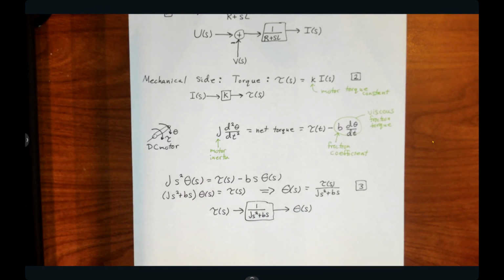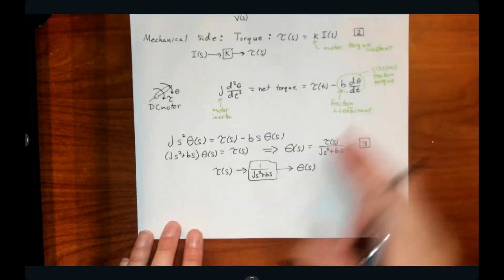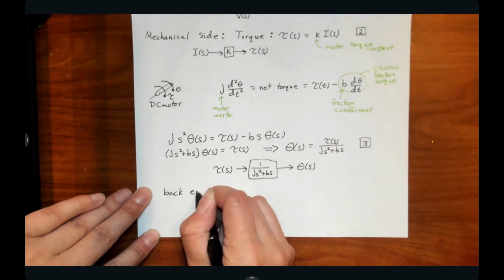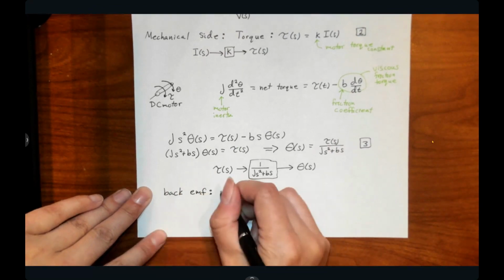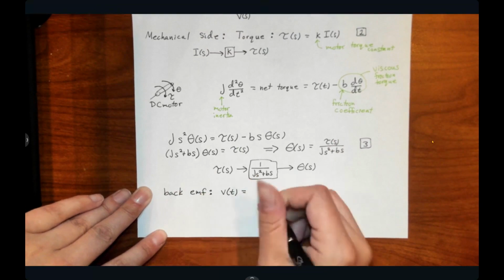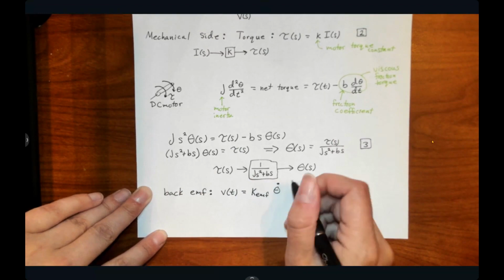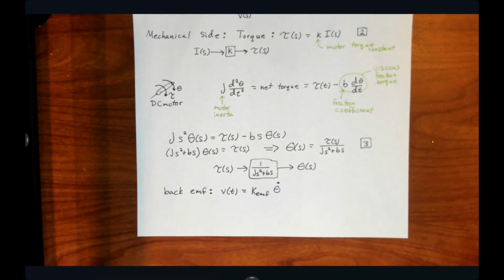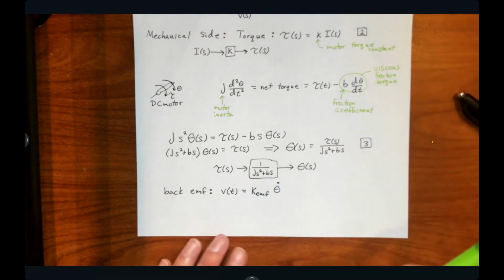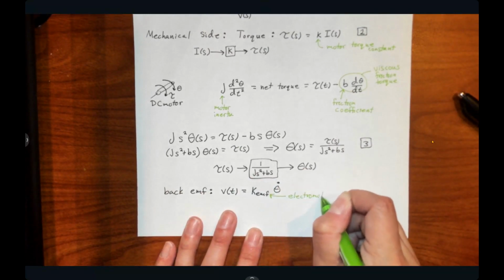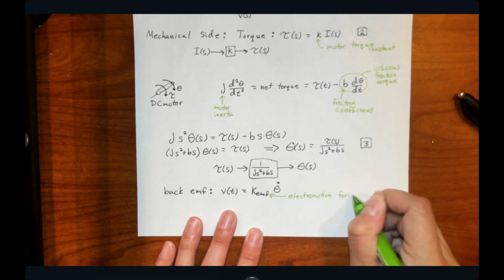Right, and then one last component. So the back EMF actually captures a little bit of back voltage from the movement of the motor itself. And so that EMF is the electromotive force.